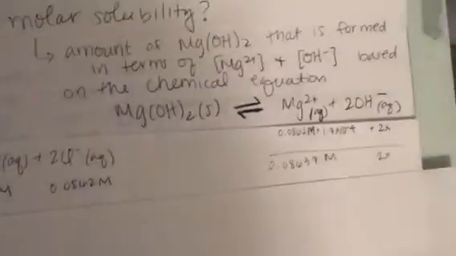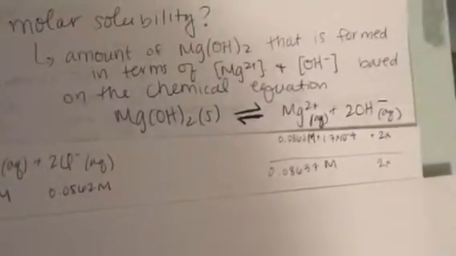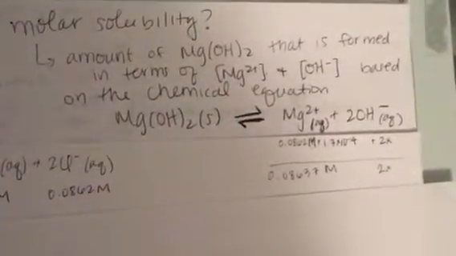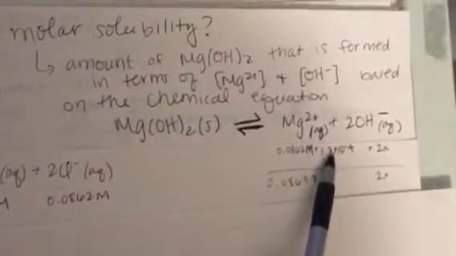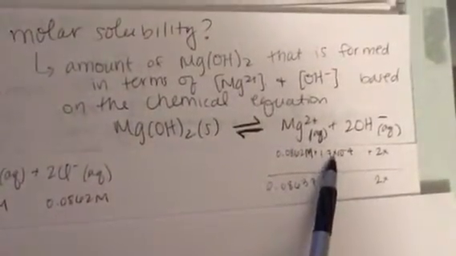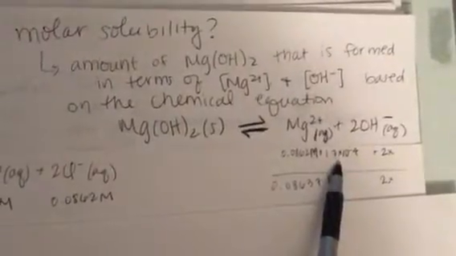And so now I want to know, with my magnesium hydroxide solution, how is this going to change the equilibrium concentrations? So I'm going to take my equilibrium expression, and instead of starting with X for magnesium 2+, I already know that I had dissociated some amount, a very small amount, to begin with.